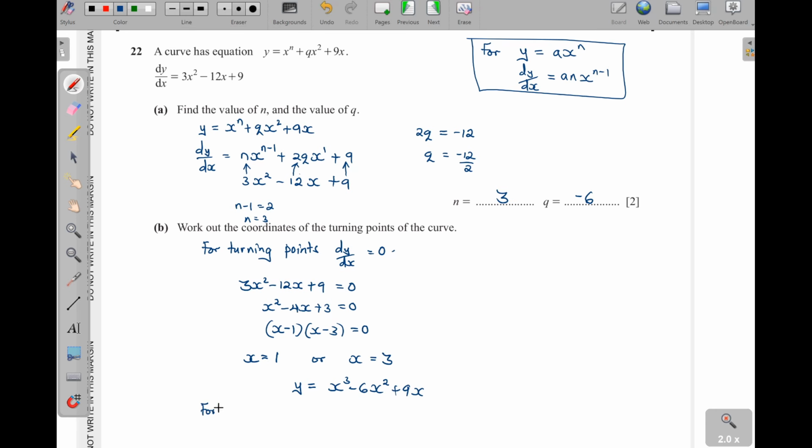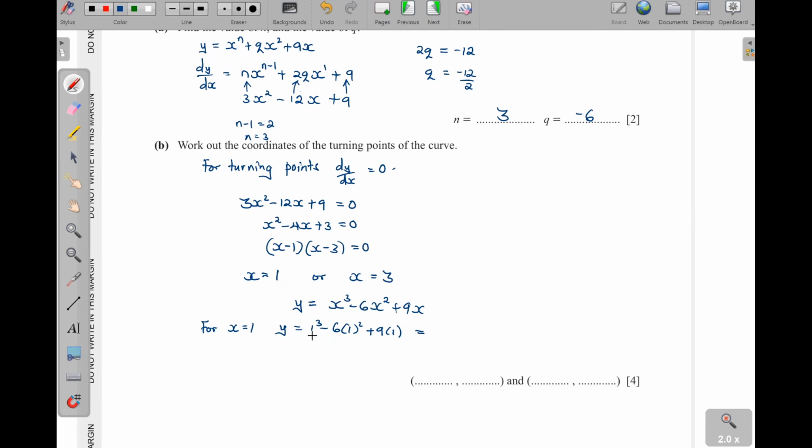So for x is equal to 1, then y is equal to 1 cubed, which is 1, then minus 6 times 1 squared, then plus 9 times 1. And what does this give us? 1 minus 6, that is minus 5. Minus 5 plus 9, isn't that a positive 4? I think so. That is a positive 4. So this point is going to be (1, 4).